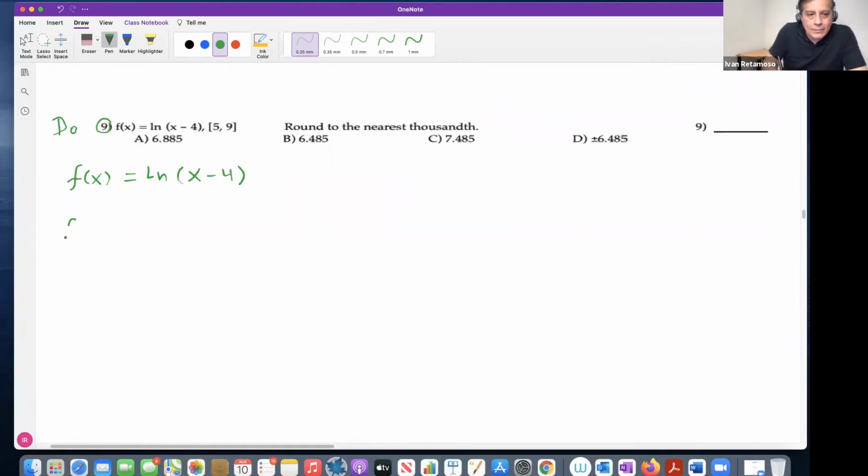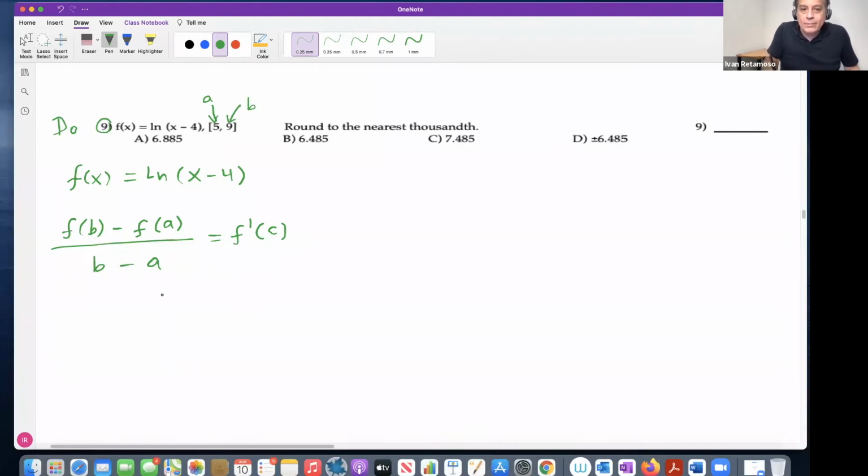And they want you to find the value of c that makes true the conclusion of the mean value theorem, which says that the average value of a function defined over an interval is equal to the derivative evaluated at some input value c between these two. This is our a, this is our b. a is 5, b is 9. With those two, get this done, right?